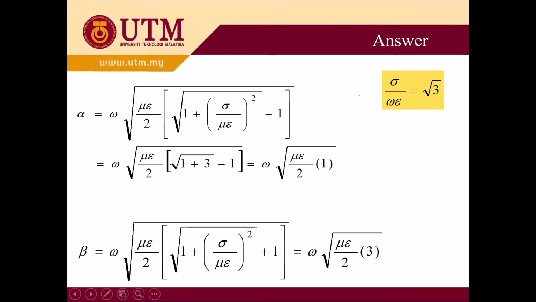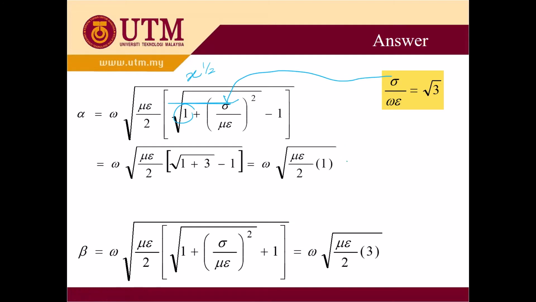From the previous solutions, sigma divided by omega epsilon equal to sec 3. So we can use this information here. Basically this is the value of x to the power of half, because x equals 1. So x to the power of half is also 1. So this is 1. We put the value.